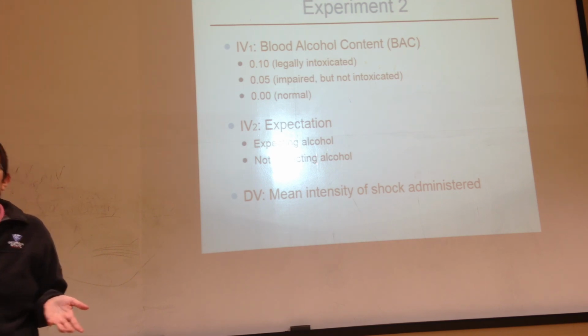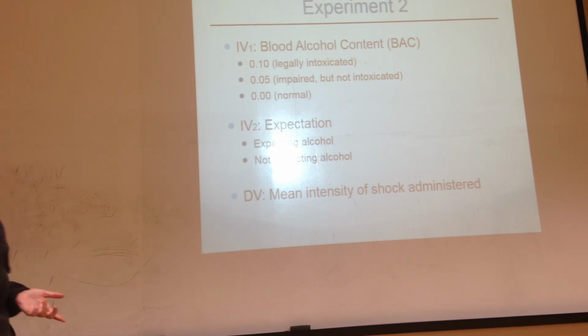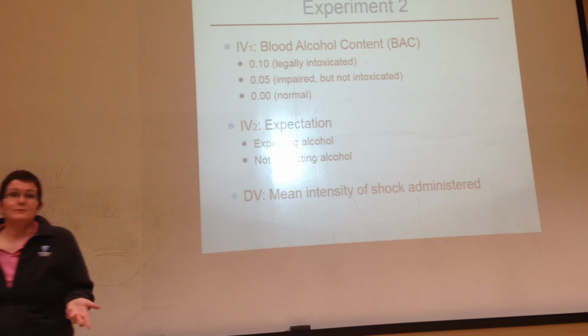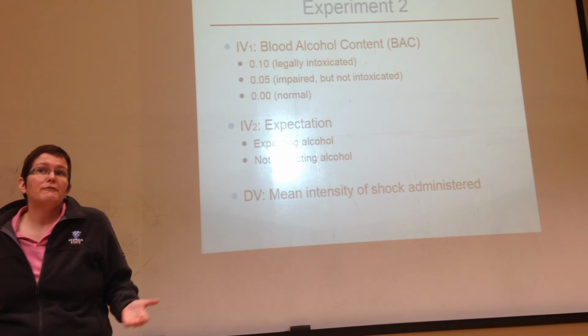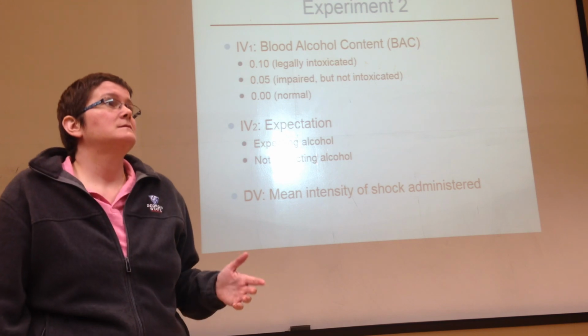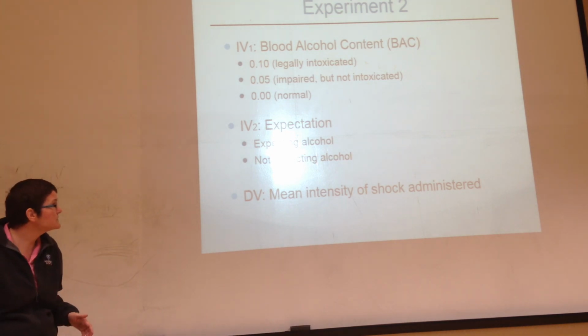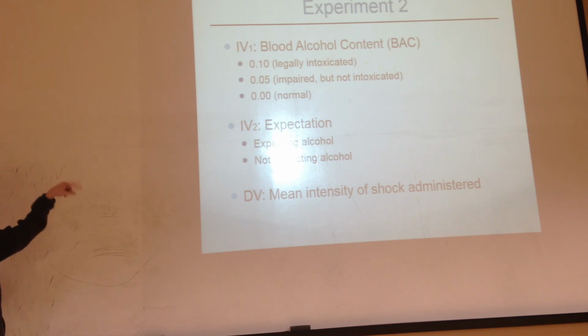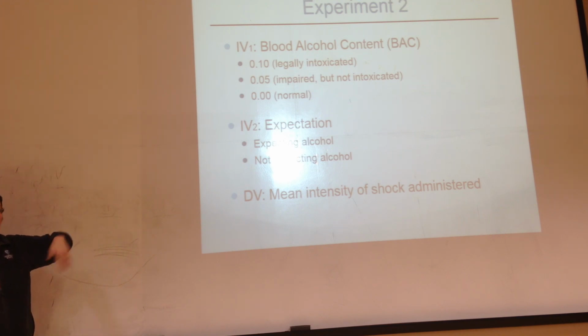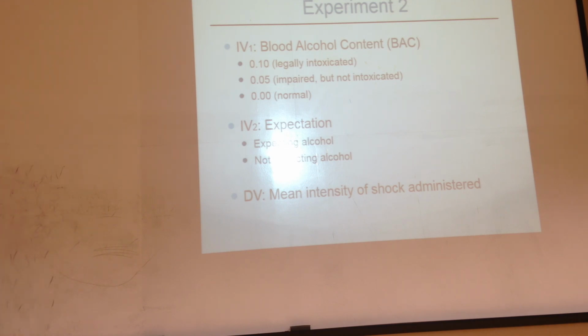If you blow 0.1, that's a DUI. You blow 0.05, that's a DWI, and that's very different in legal terms. So we're going to switch it up to a 3 by 2. Again, random assignment between subjects for everything, so it's still a random groups design. It's just a 3 by 2 now, and there are 6 different conditions.